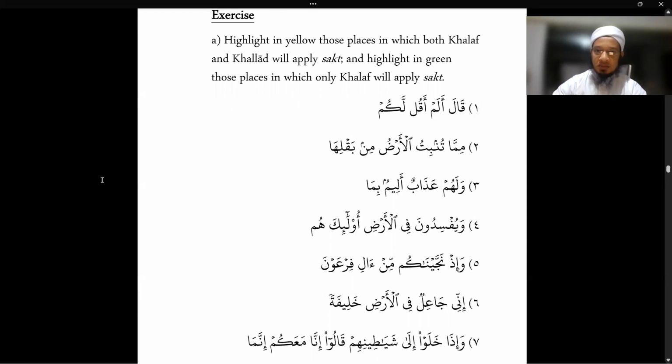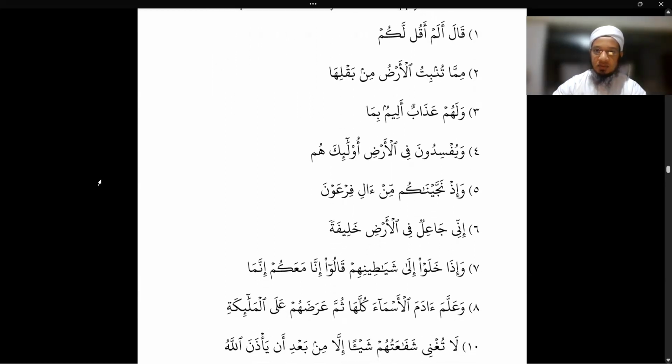So in two separate words is the first verse. So we're looking only for lam al-ta'rif and shay. Okay.